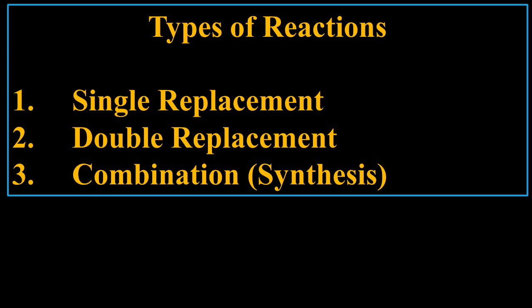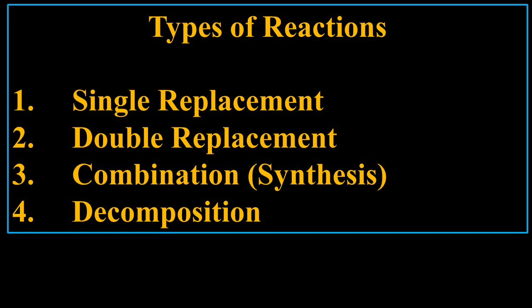But the idea is that there's going to be 2 reactants and then 1 product. Decomposition, you're going to have the reverse of the synthesis, where you'll have 1 reactant and then 2 products, where you actually break things down as opposed to putting them together. So instead of a synthesis, it's going to be a decomposition.